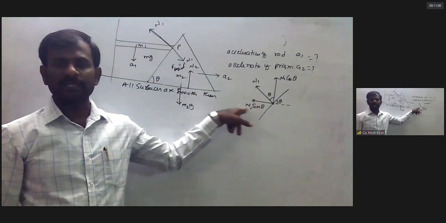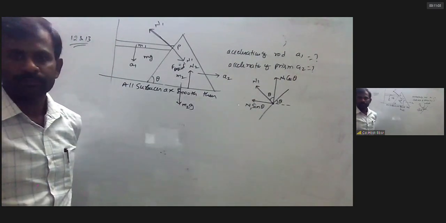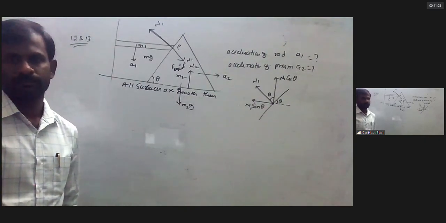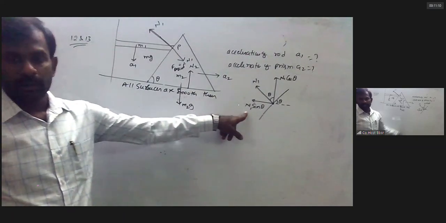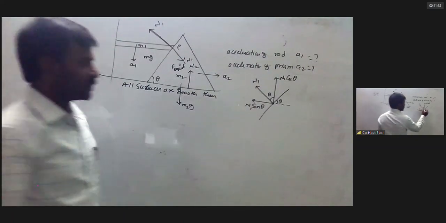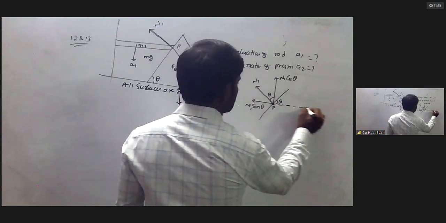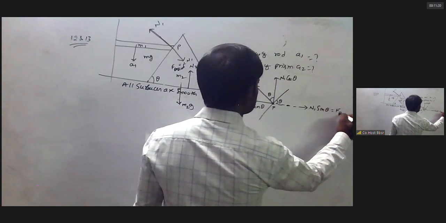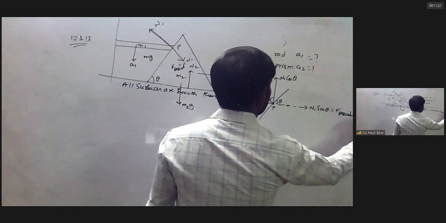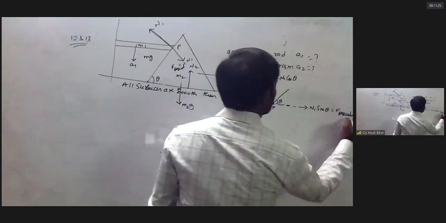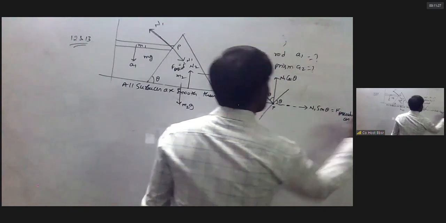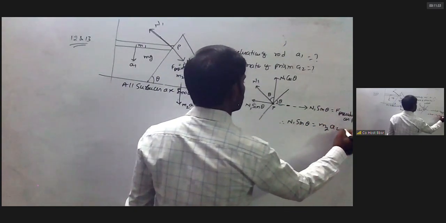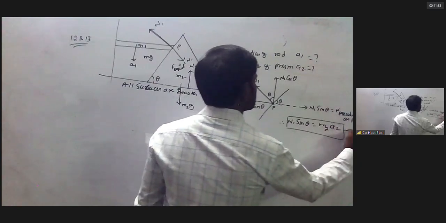N1 sin theta or N1 cos theta? N1 sin theta only. N1 sin theta acts like a pseudo, also called external force on the prism. So therefore, N1 sin theta equal to M2 into A2. This is equation number 1.